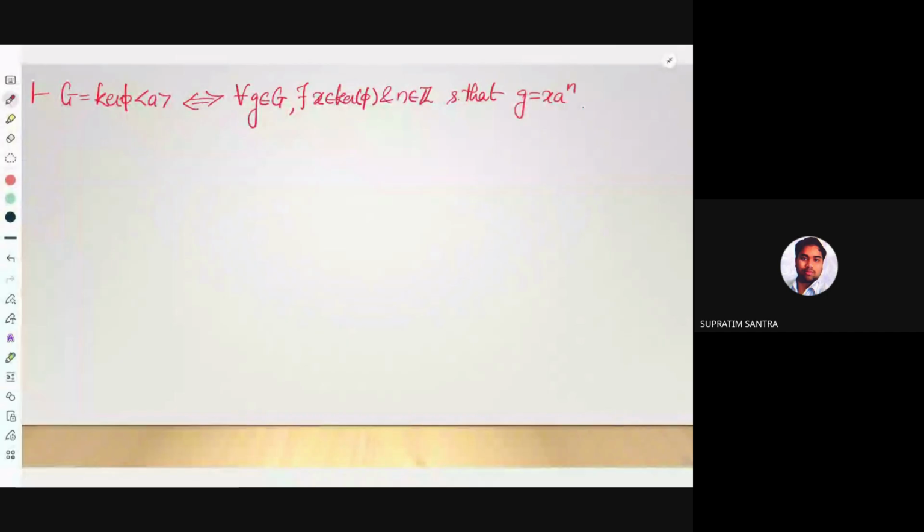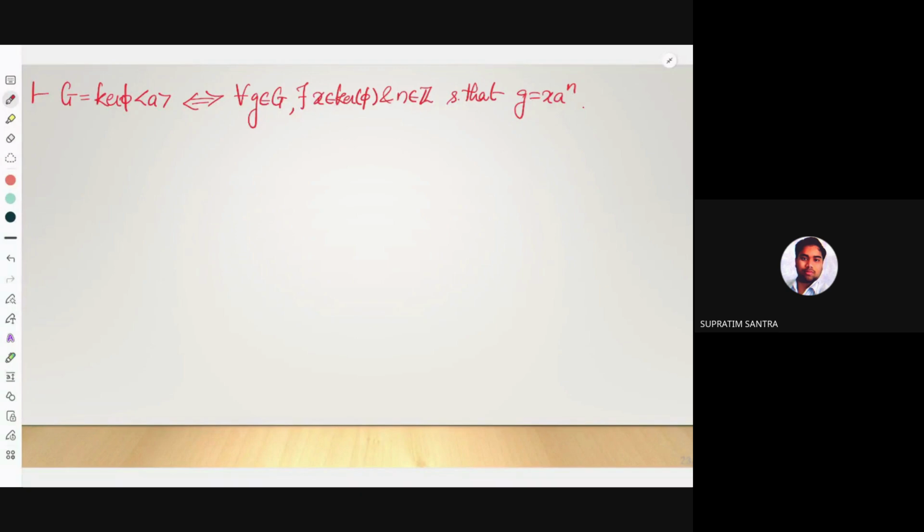So basically any element of G can be written as a product of an element from kernel of phi and an element from the subgroup generated by a. And that's simply what this statement means. So now we can move on with this.